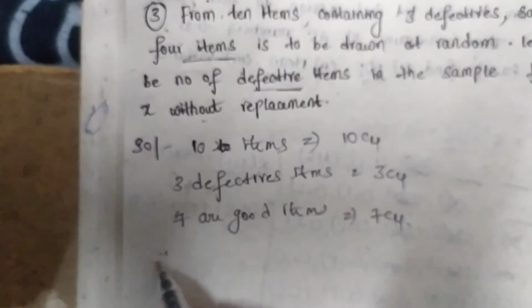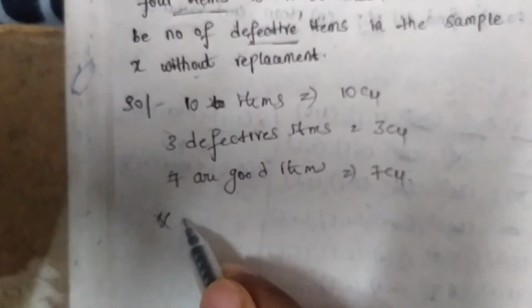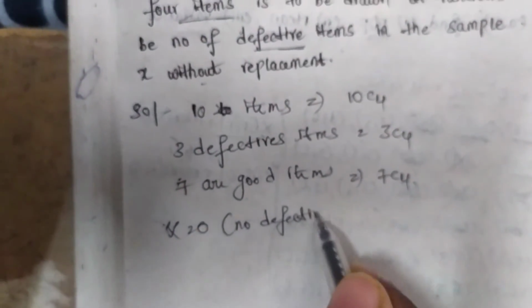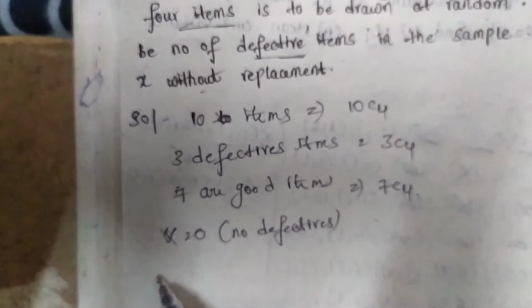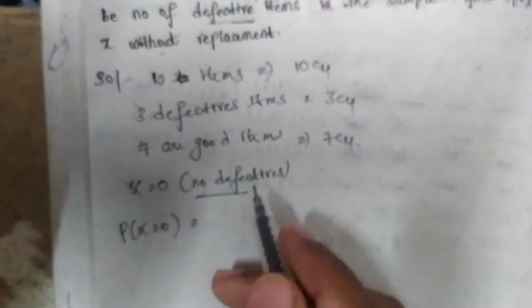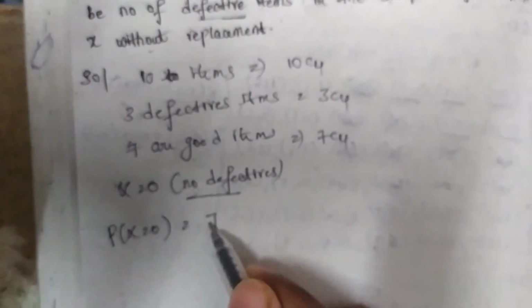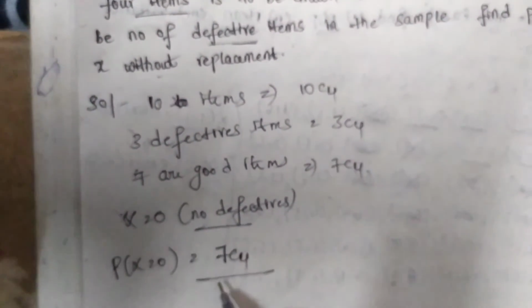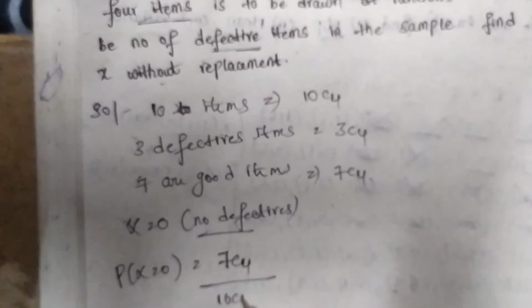Let us take x equals 0, meaning no defective, so p of x equals 0 means all 4 are good items, that is 7C4 by the total possible outcomes 10C4.